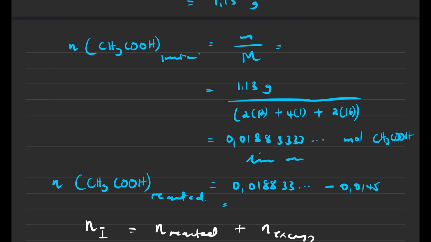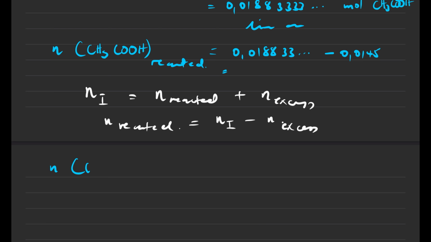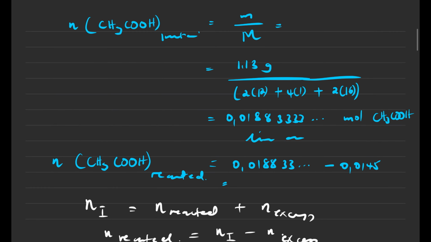So answer, I already have it here, minus 0.0145, and then I got the number of moles of CH3COOH which reacted is equal to 0.004 moles.